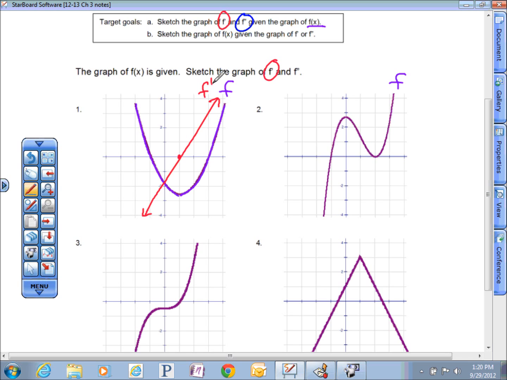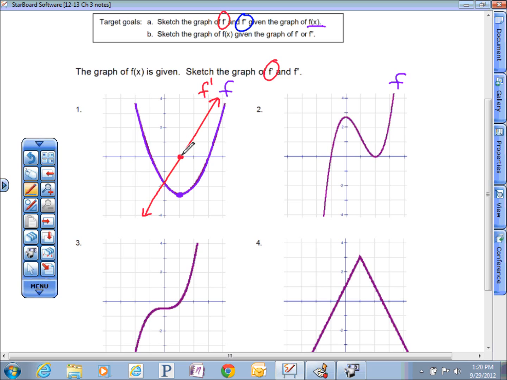Derivative is positive when the function is going upward. And not so coincidentally, here is a relative minimum at the exact same x value that the derivative hits the x-axis. There's your connection. Look for relative maximums and minimums of your original function to find out where your derivative hits the x-axis.